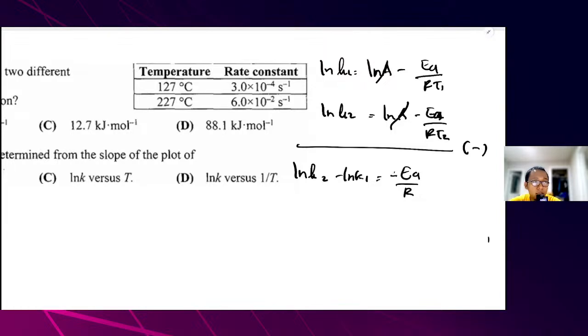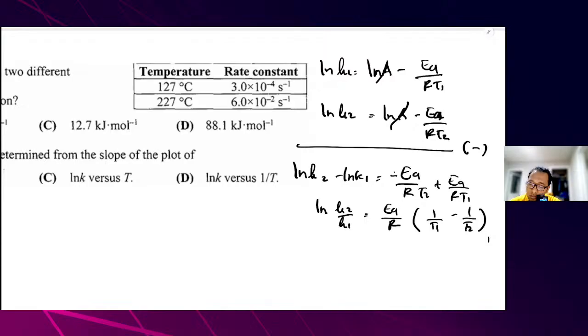And then we will have EA over R. This is still minus EA over RT2 plus EA over RT1, right? Now just looking at ln K2 over K1, we can use EA over R, and as you can see it is 1 over T1 because plus, and then minus 1 over T2.